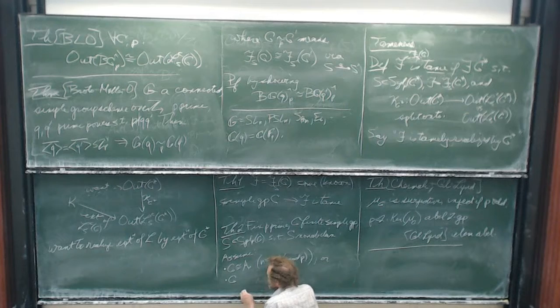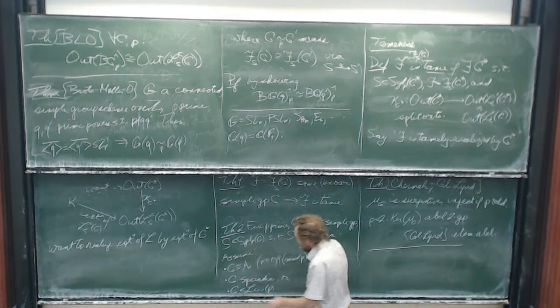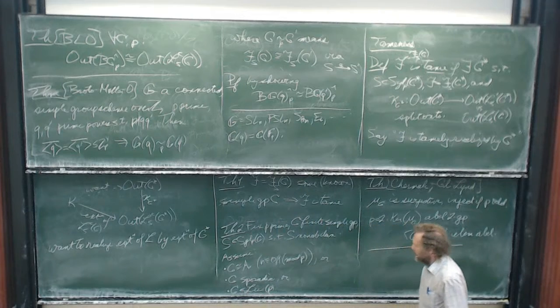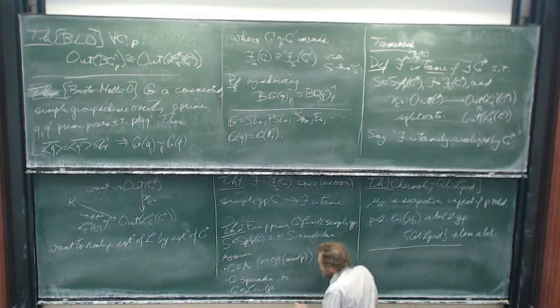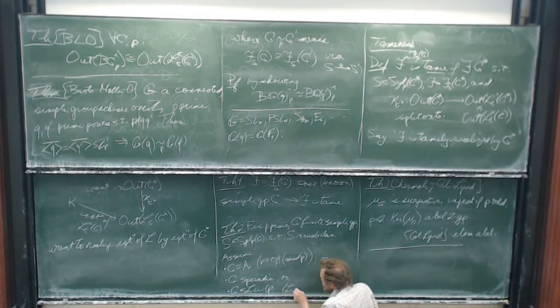G is a sporadic group, or G, let's write it this way, G is a finite group of Lie type in characteristic p, the same characteristic.